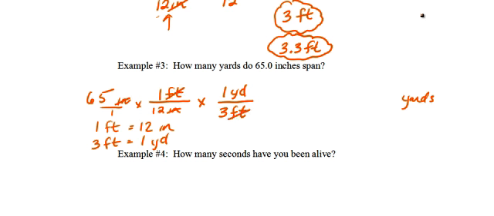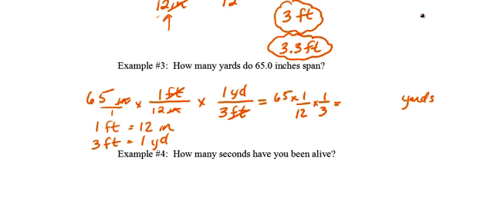I'm actually looking for yards, so now I'm ready to do the calculation, where I'll have 65 divided by 1 times 1 divided by 12 times 1 divided by 3. And that's actually how you do the math. So once again, you take 65 times 1, of course you don't need to multiply by the 1, but divided by 12, and then divided by 3.